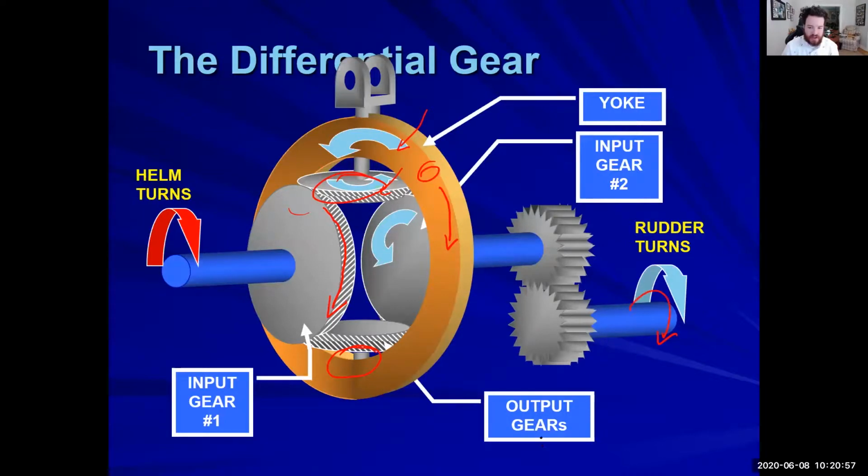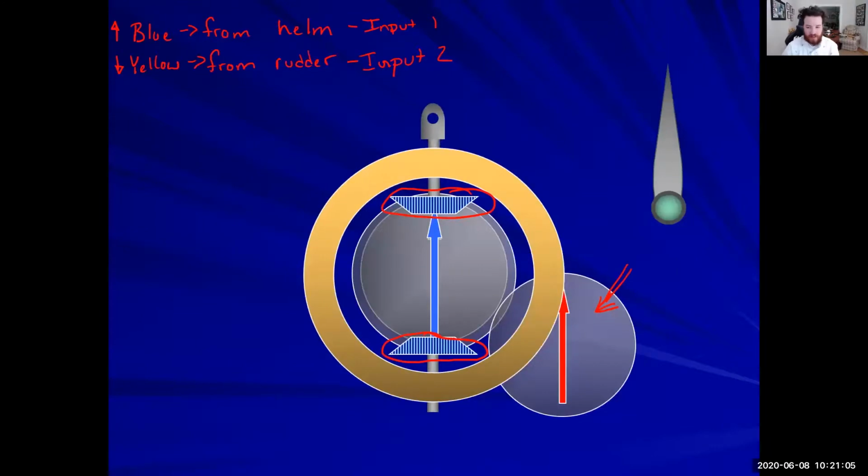The rudder's going to be turning in one direction. We want to flip it to the opposite direction. That's what's happening with that red arrow over there. So as we watch this, we take a look at this blue arrow. That's what our helm is coming in. That is what we want.